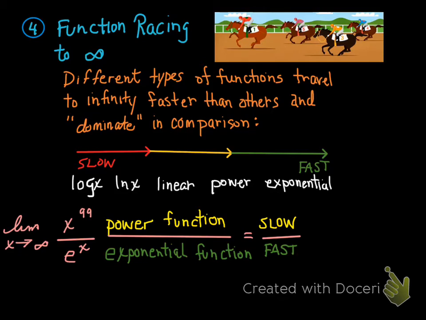So you can picture this as a relatively small number over a huge number. And when that happens, of course, you're going to get a limiting value equal to 0. So when you get different types of functions on top and bottom, you've got to know which horse races to infinity the fastest and compare the top and bottom as such.